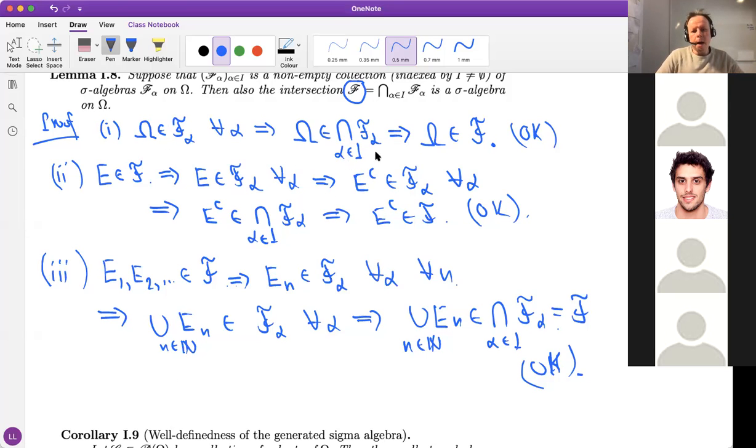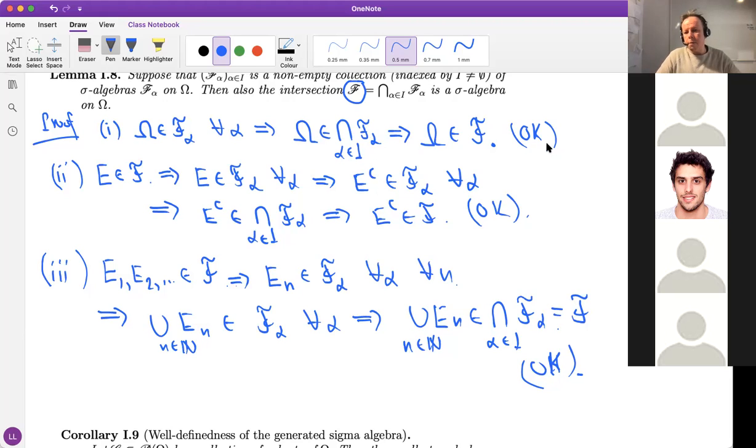What if I is uncountably infinite here? Does something change in the logic of part one? Think about it. Omega is in F alpha for all alpha. Each of these is a sigma algebra, so omega is in F alpha for all alpha. So omega is in this intersection, even though I is uncountably infinite.